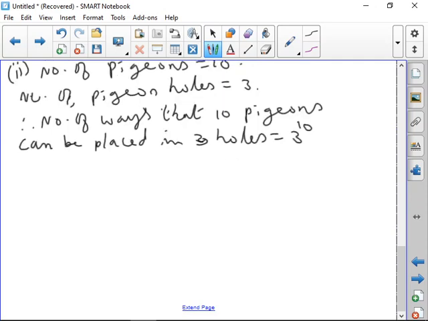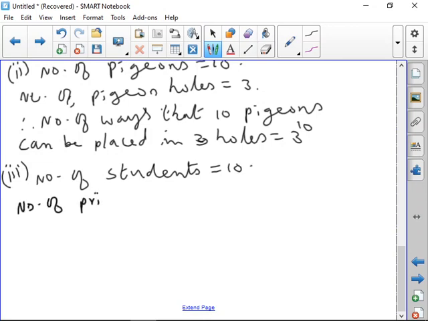Okay. Then third subdivision. Find the number of ways of distributing 12 distinct prizes to 10 students. So number of students is equal to 10. Number of prizes is equal to 12.